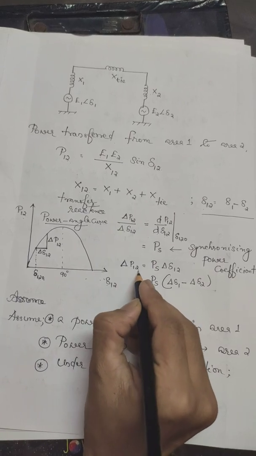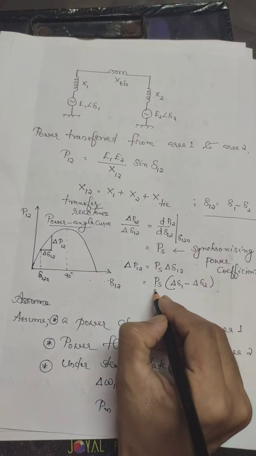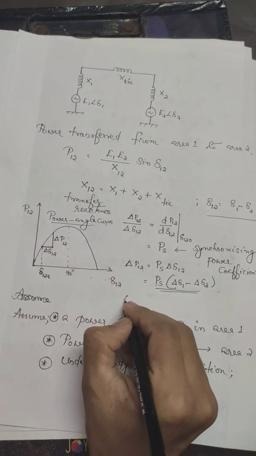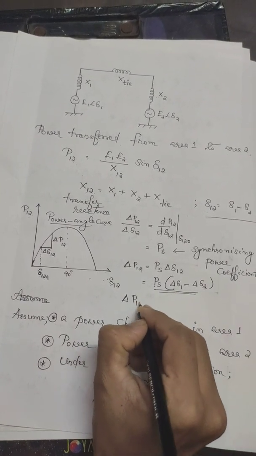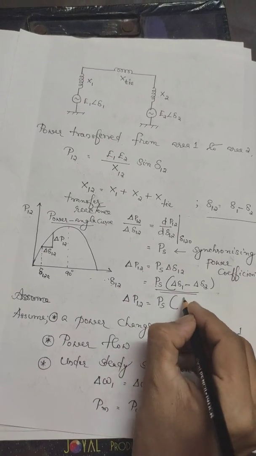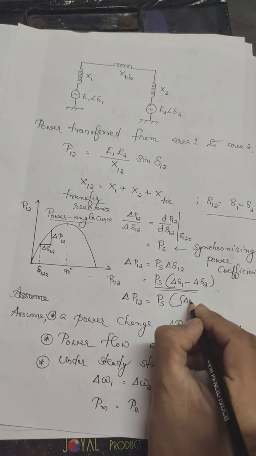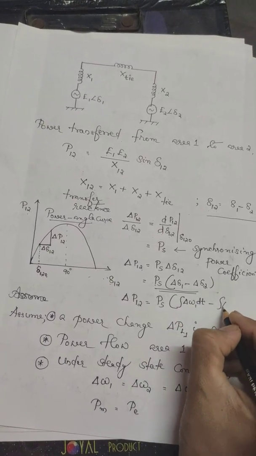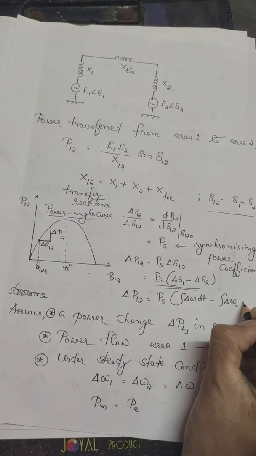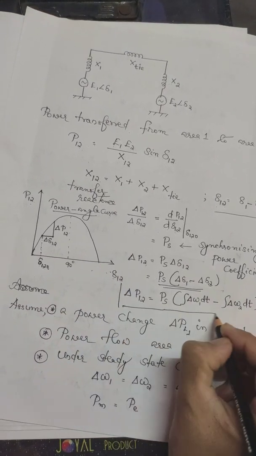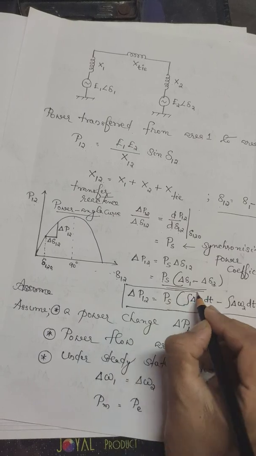That is, delta P12 is equal to PS into (delta 1 minus delta 2). So this can be written as delta P12 is equal to PS into (integral delta omega 1 dt minus integral delta omega 2 dt). So this equation is required in the formulation of the block diagram.